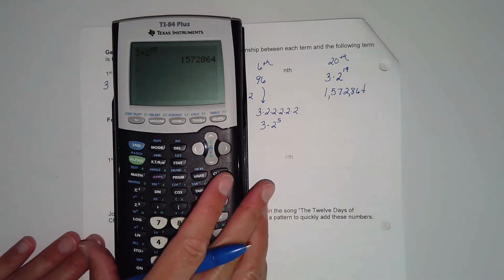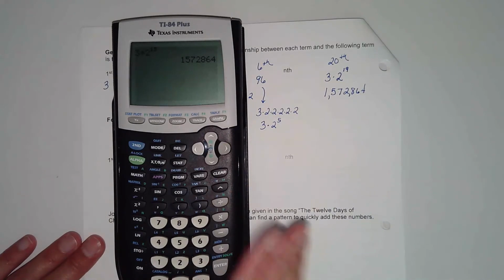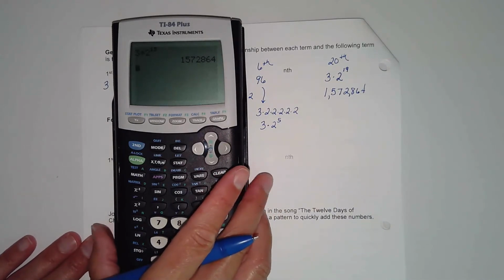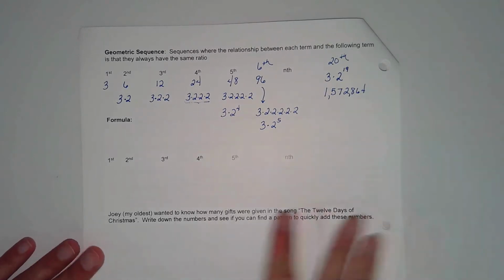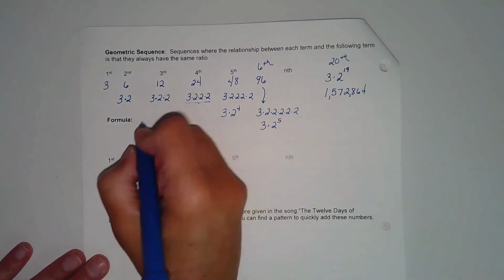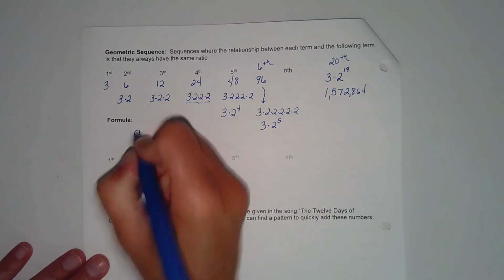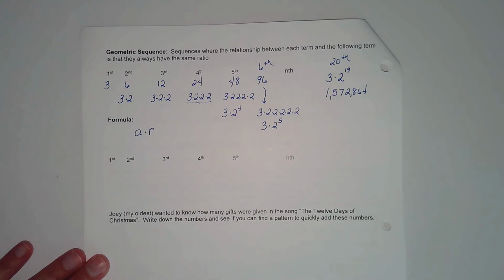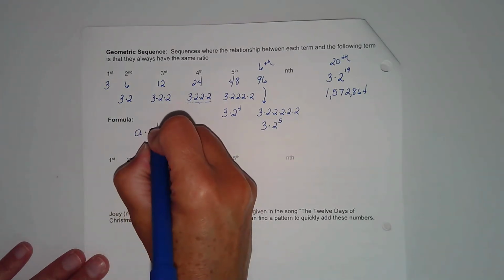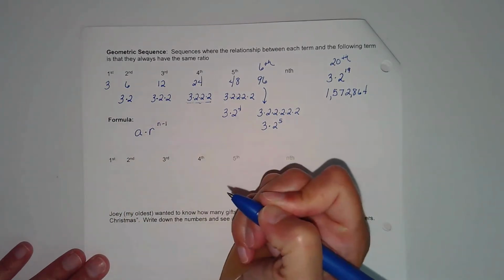The formula, which they give in the book, I just wanted you to see how it was generated. If you see that there's a pattern, you should be able to find a formula. So here's the formula: A, which is the starting value, times R to the n minus 1.